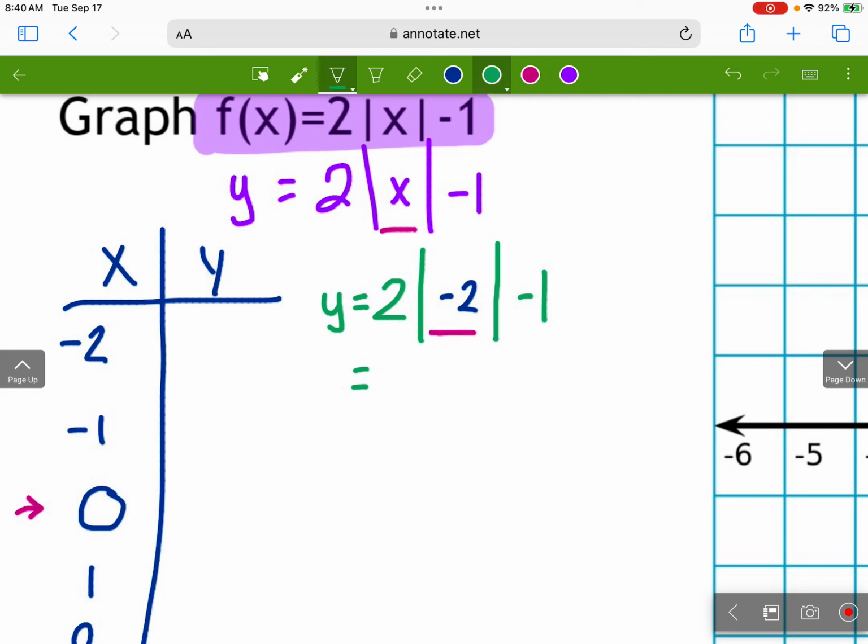So what is the absolute value of negative 2? 2. So we have 2 times, because that's what it means when they're pressed up against each other, 2 times 2 minus 1. What is 2 times 2? 4. 4 minus 1? 3. So my y here is 3. Do we see where that's coming from?